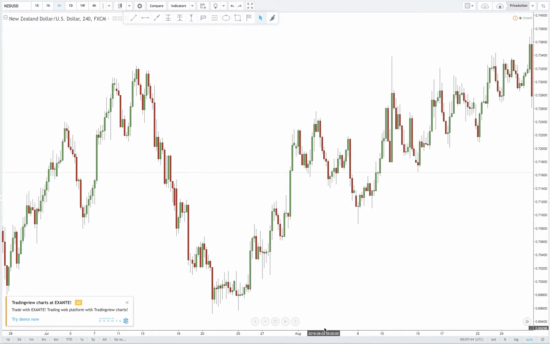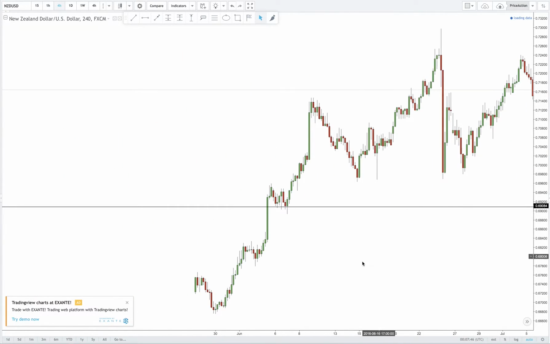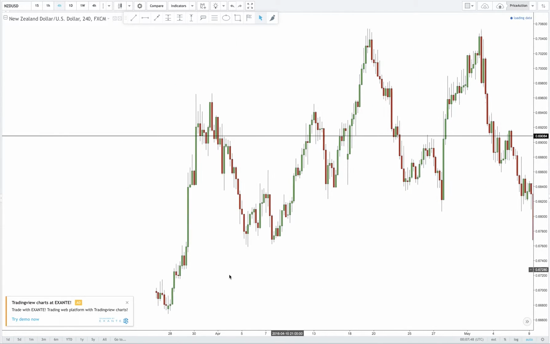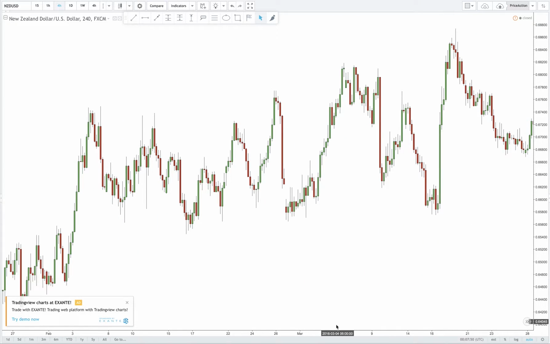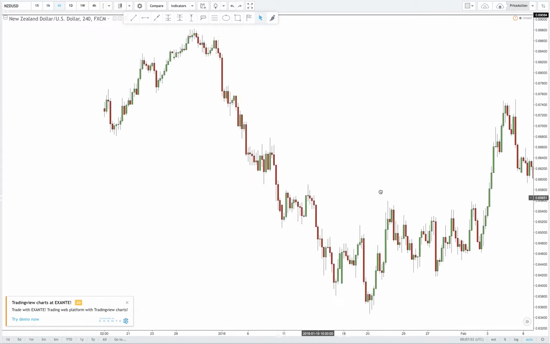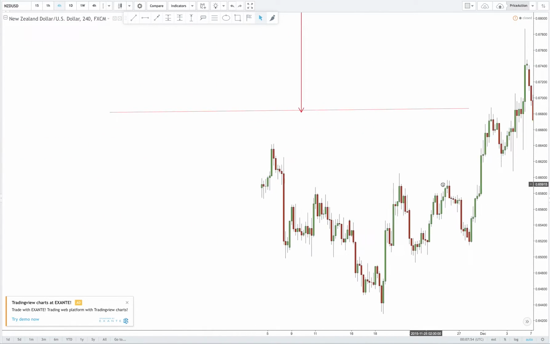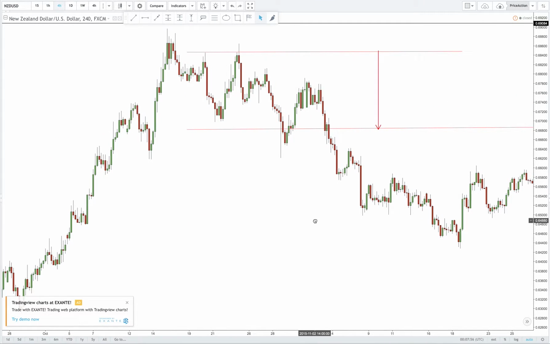This is 2016. We'll go to 2015 right here. Now, as the market is coming down strongly, you see that there's a breach that happened right here, coming down. There is a lower low, a lower high, and then boom, there's a breach right here.